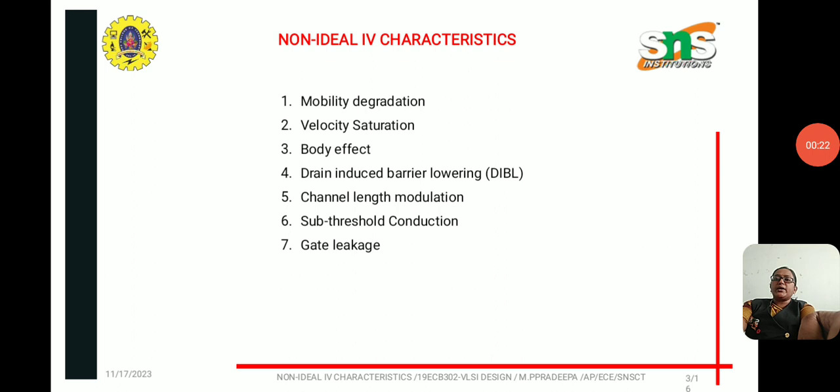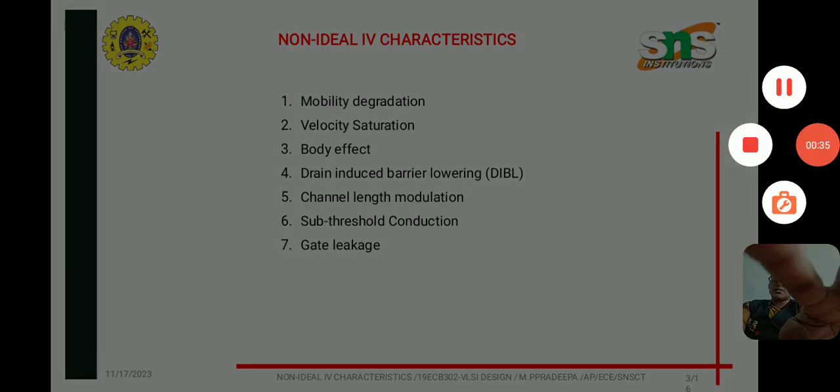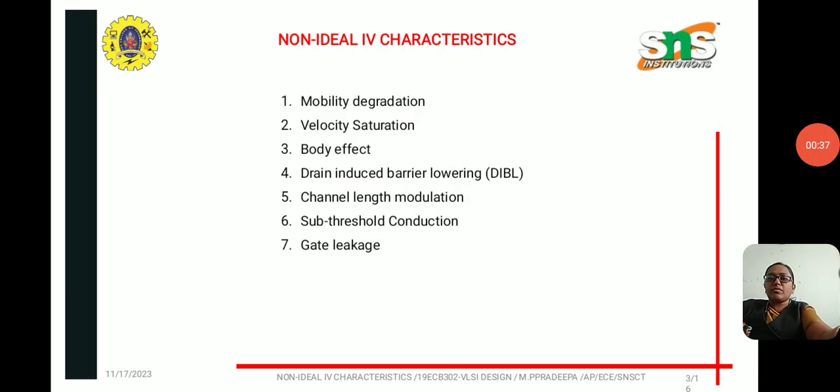Here the non-ideal IV characteristics will hold the following ideal characteristics, non-ideal characteristics. So ideal in the sense, in the ideal characteristics of a MOSFET, ideal means the transistor is in the off condition.